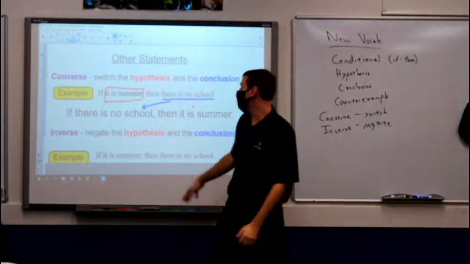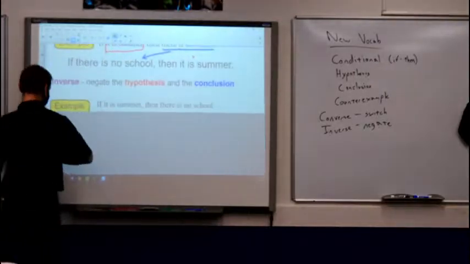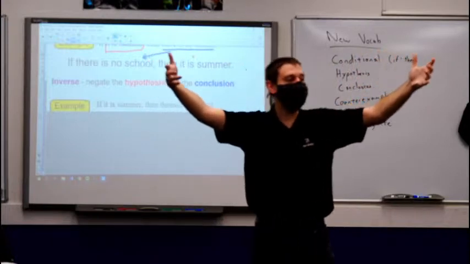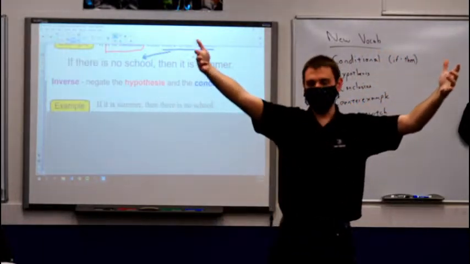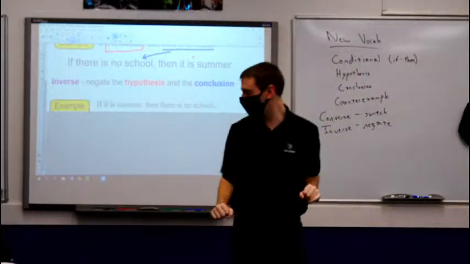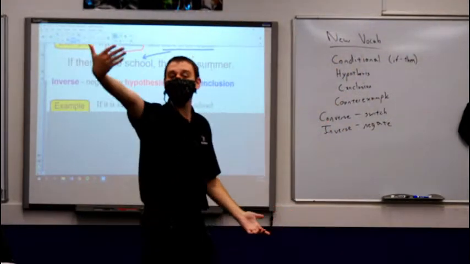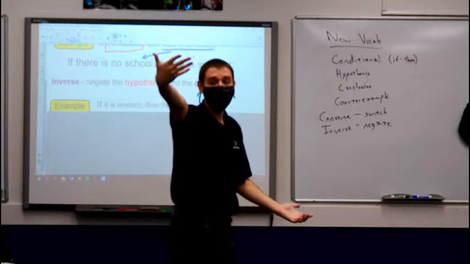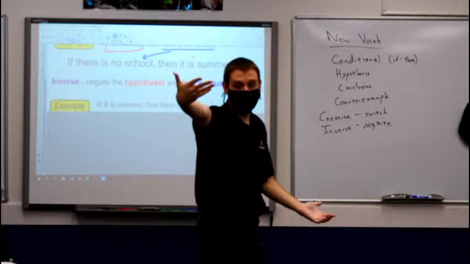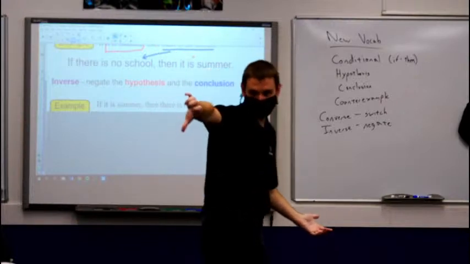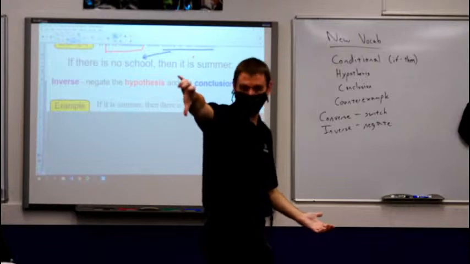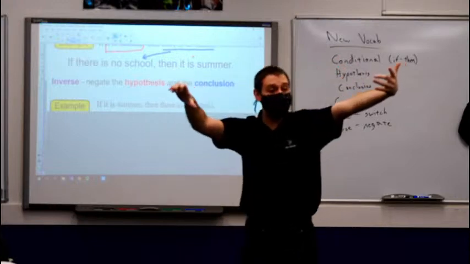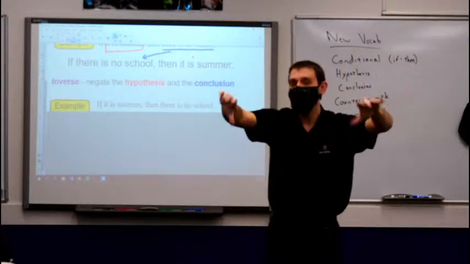So I've got this same example of if it is summer, then there is no school. So instead of switching anything around, I'm going to leave the sentence how it is. Everything's going to stay where it is, but it's going to get negated. So I've got if it is summer. What's our negation of it is summer? Negation of it is summer would be it is not summer. And then instead of there is no school, our negation would be there is school.